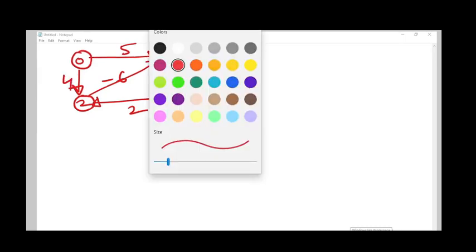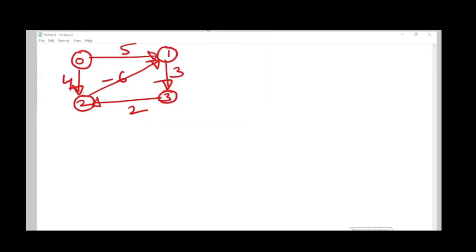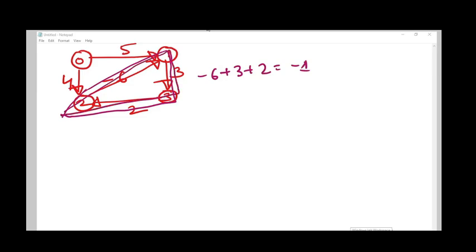If you come in this zone, it is a cycle, and the total is minus 6 plus 3 plus 2. So it's a negative cycle. We have to avoid this negative cycle. How would Bellman-Ford avoid it? A technique called relaxation. The relaxation technique.